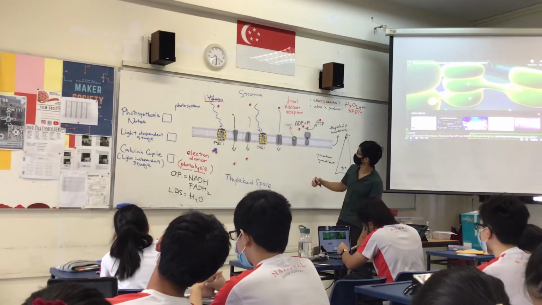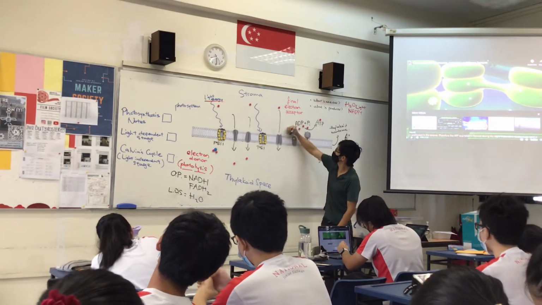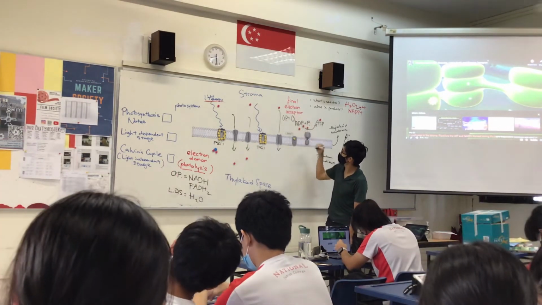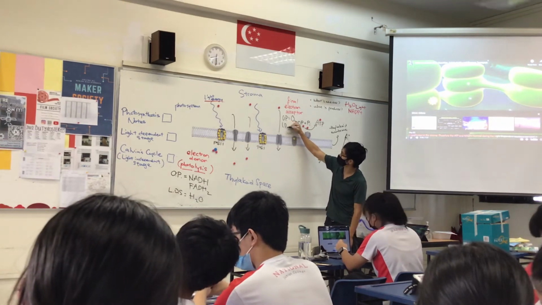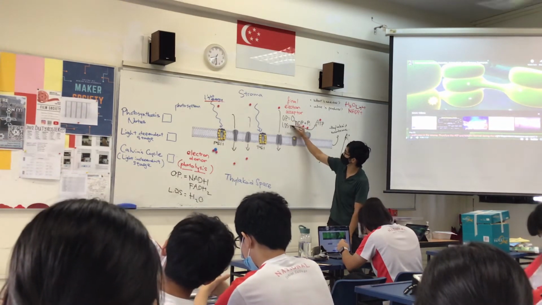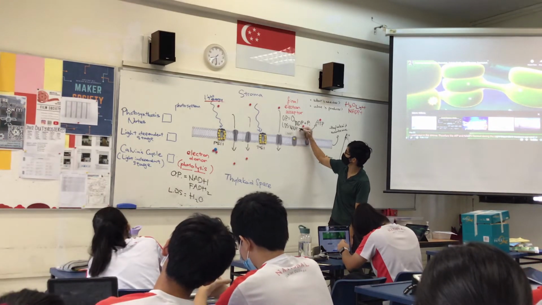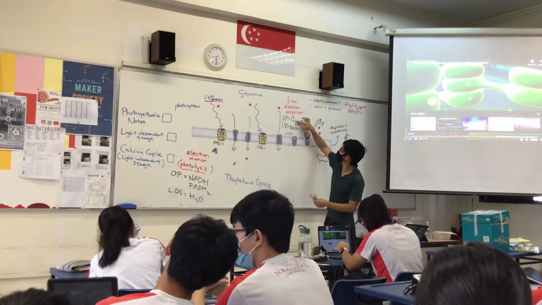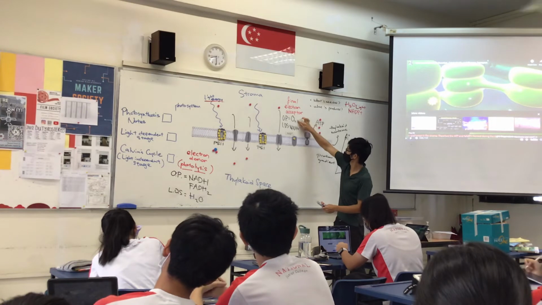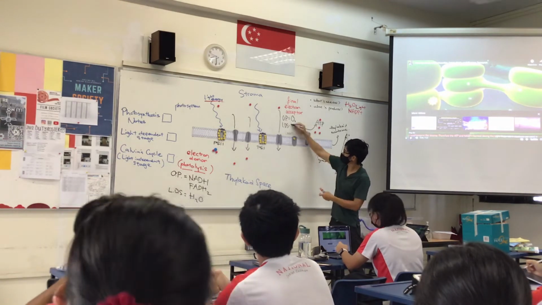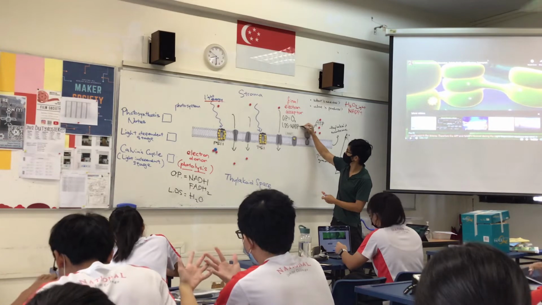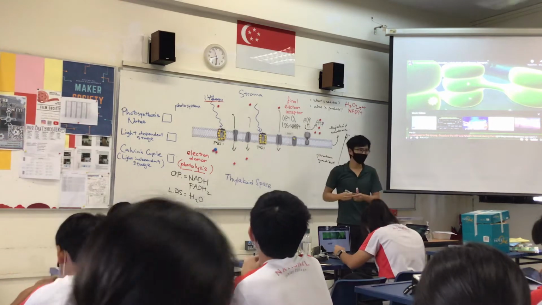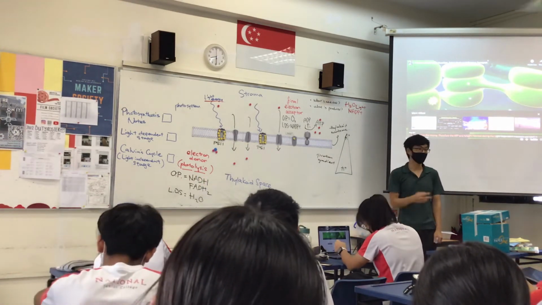As the final electron acceptor in oxidative phosphorylation, it is oxygen. But in the case of the light dependent stage, it is NADP plus. Here we just compared two things.